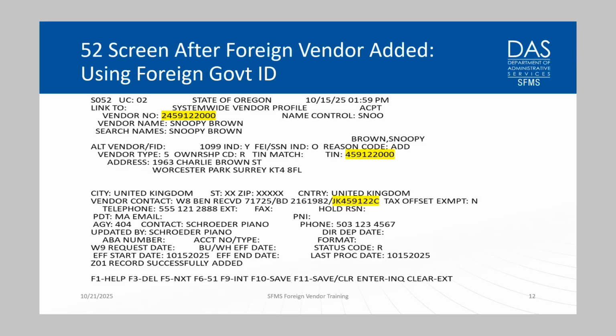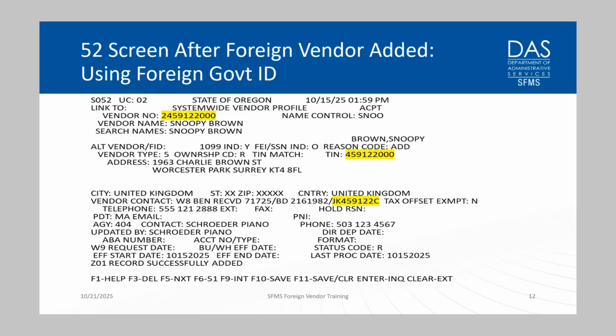If the vendor is being added, this is an example of what it's like to add it when it's a foreign government issued ID. Here the vendor number is 2459122, and then you'll notice 3 zeros. You'll notice the TIN is 45912222000. Well, in this case, this vendor has a government issued ID starting with alpha characters.